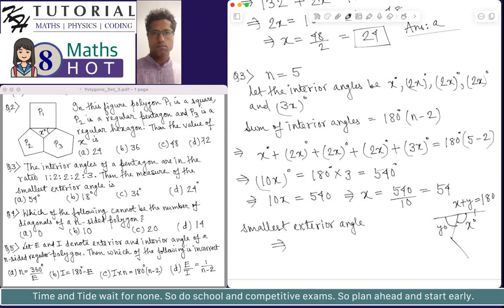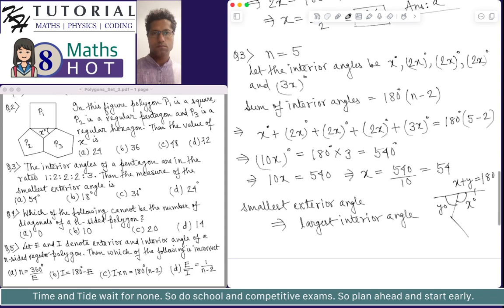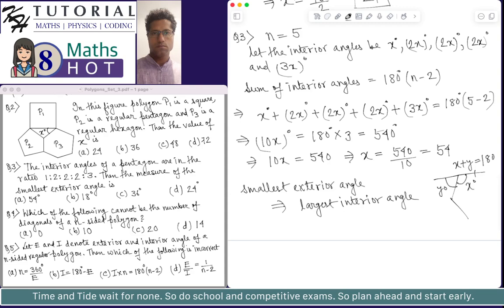It is asking the measure of the smallest exterior angle. So smallest exterior angle implies largest interior angle. Now what is the largest interior angle? We have found x, so the largest interior angle will obviously be 3x.